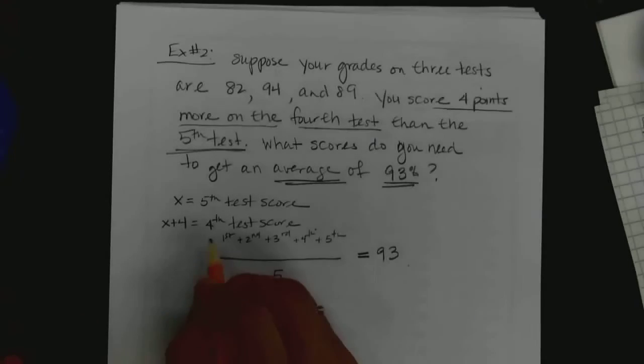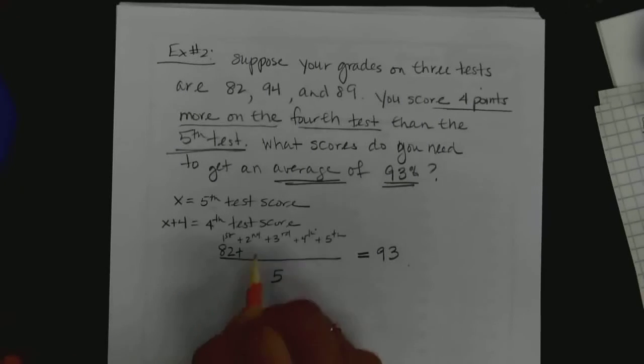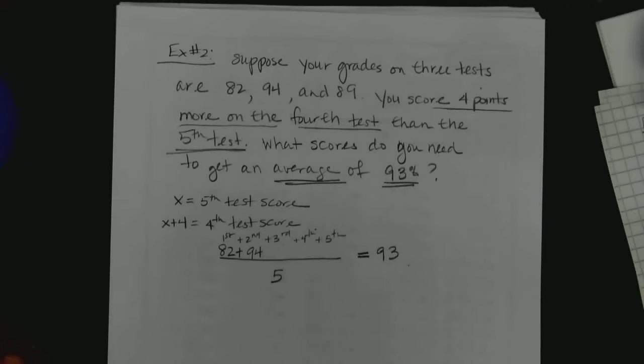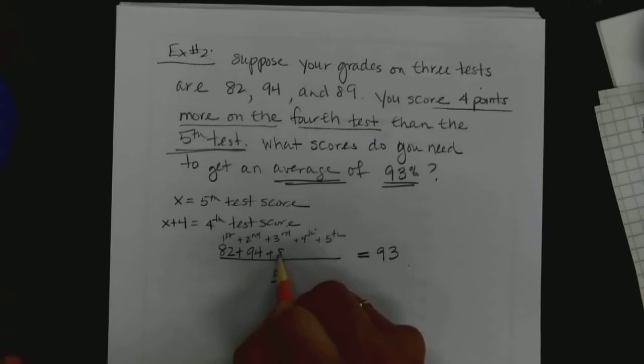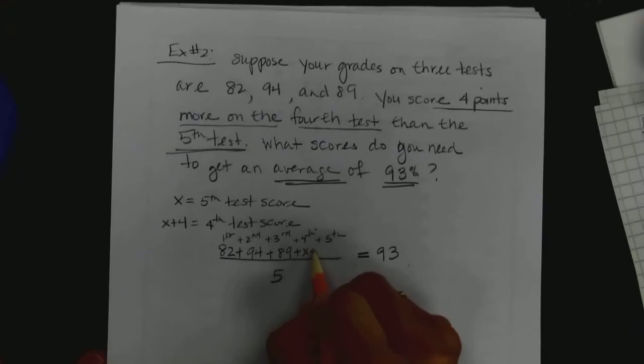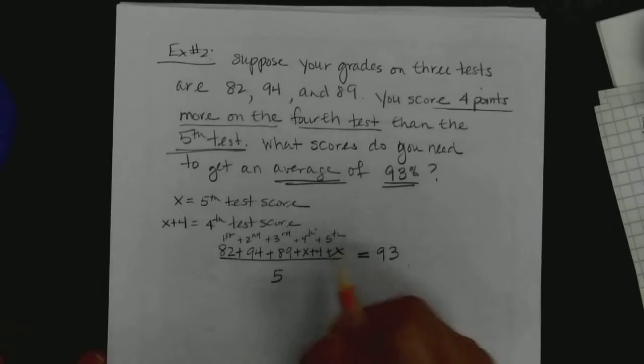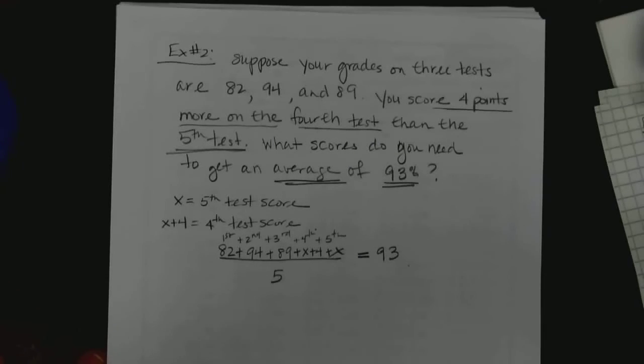First test we got 82, plus the second test 94, third 89. The 4th test is X plus 4, and the 5th is plus X. That's how you set up the equation. Any questions so far? I'll give you a second to write this down.